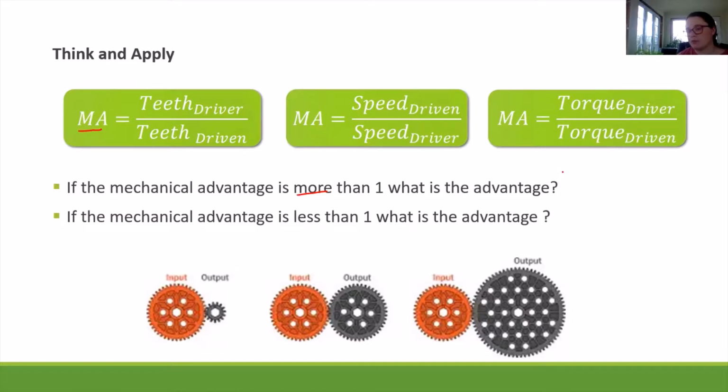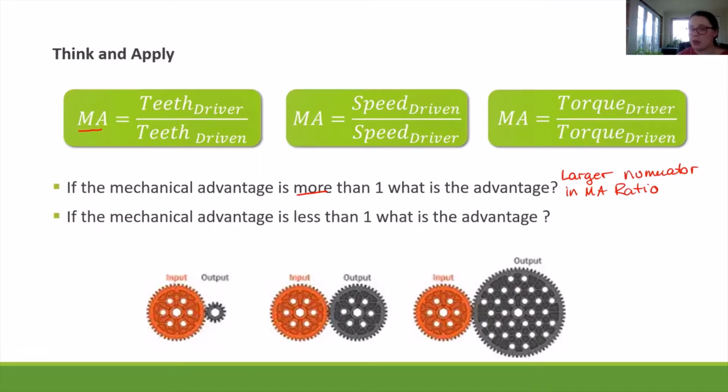So we're going to have a larger numerator in the mechanical advantage ratio. If we look, the driver gear has to have more teeth than the driven gear. So which one of these three is that scenario? The driver gear has more teeth than the driven gear.